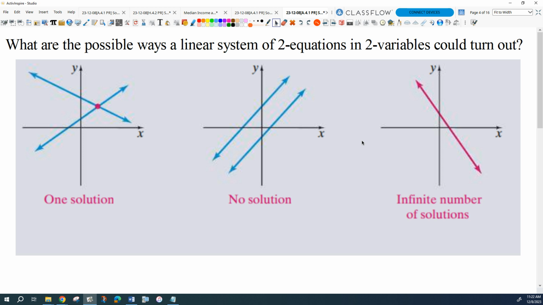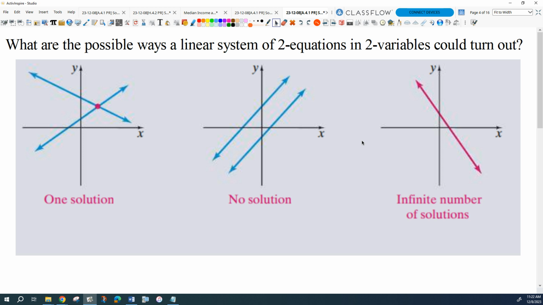What are the other possibilities? Well, two different lines that never intersect. What kinds of lines are those? Parallel. That has no solutions. The third possibility is we get two lines that are the same line, and they intersect everywhere that exists on either of the two lines because they're the same line. So it has an infinite number of solutions.